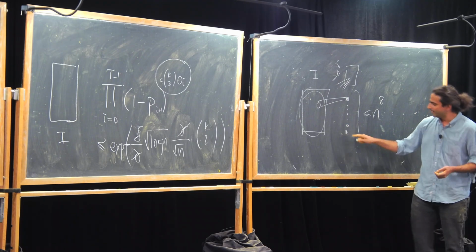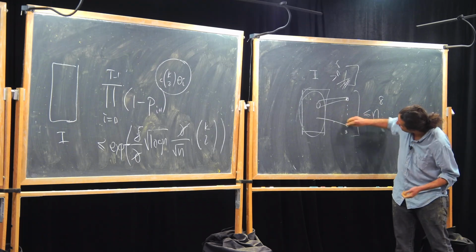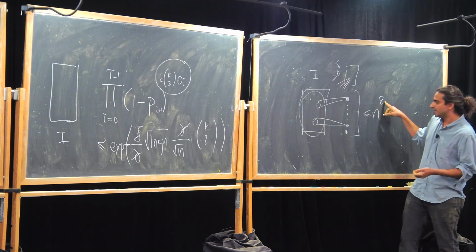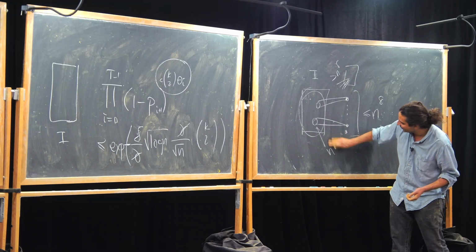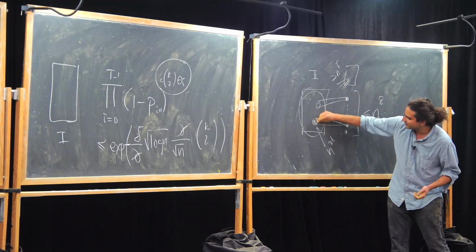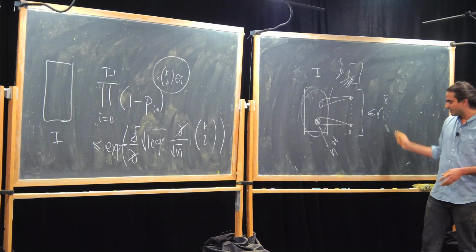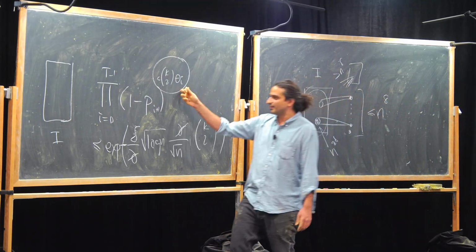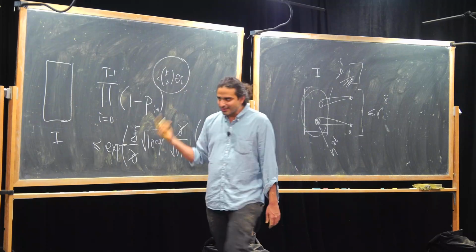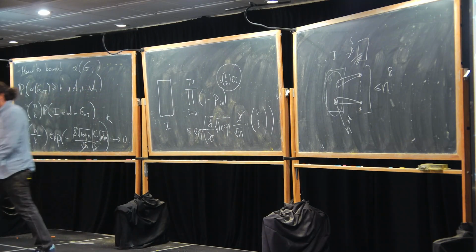And why are the jumps bounded? Because if a vertex sends at most n to the delta edges over here, it can close at most n to the 2 delta edges inside of here. And this is enough to get Chernoff to work. I'm not going to do the calculation, but that's how you prove this. So you guarantee that you have this so that you can make this calculation run and get the bound on the independence number. OK, I'll stop there. Thank you very much.